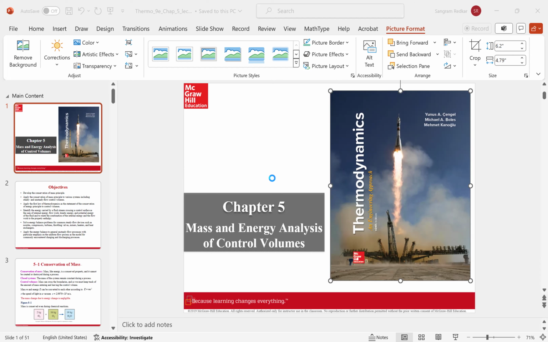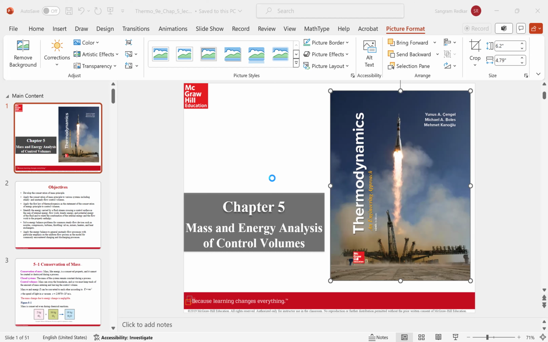Now, this gives you a very general form of the energy balance equation. But I don't want you to remember this equation just like this. We will look at the different types of systems and then write down the energy balance.